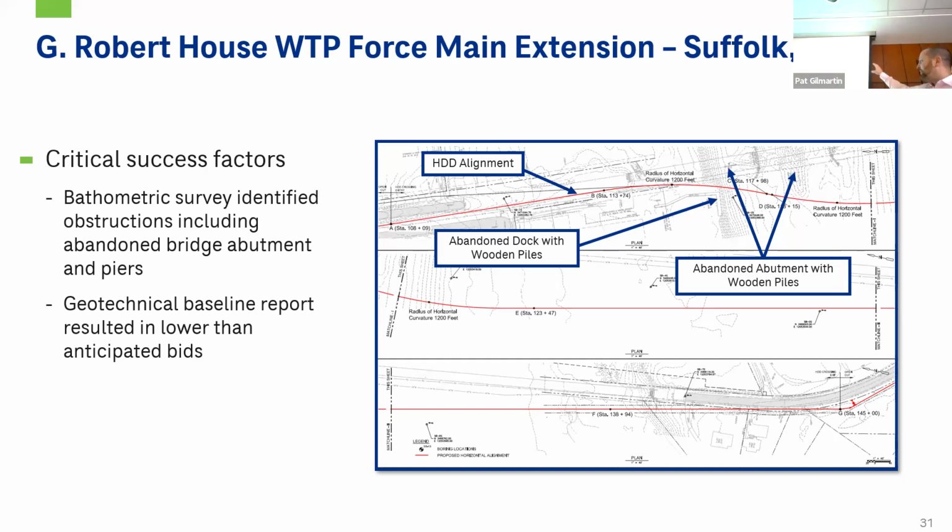There were abutment piles, wood piles that were not sticking up above the mud line. When we did the bathymetric survey, they were able to see those pile stubs, and we were able to avoid those. Ultimately, we may have been able to thread the needle around them, but it allowed us to come up with a more optimal alignment. And as I mentioned, the baseline report helped lower those bid costs because it reduced contractor risk.